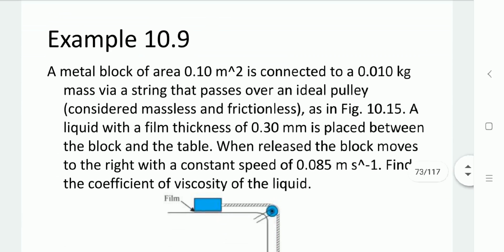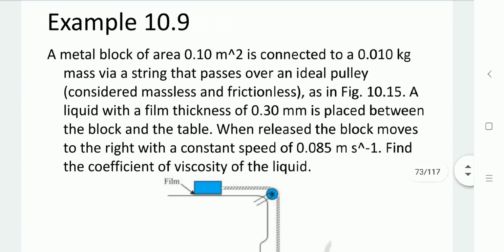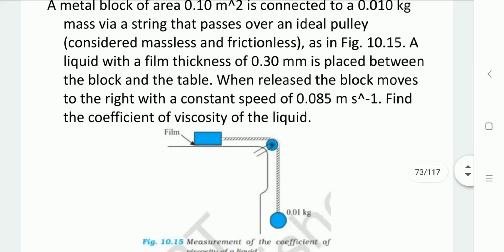Again, go through the example. A metal block of area 0.10 meters square is connected to a 0.01 kilogram mass via a string that passes over an ideal pulley, considered massless and frictionless, as we can see in the diagram.